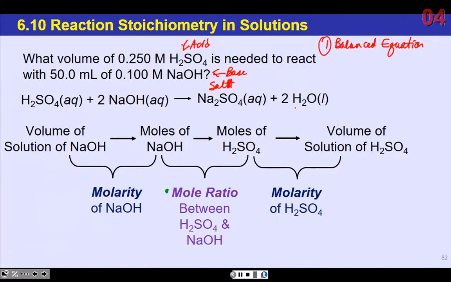And if you miss that step, you'll make an error. And then again, once you know the moles of sulfuric acid, its molarity can be used to come up with a volume. So the steps are kind of the same, but we've got to write them out so that we make sense and understand how the units cancel to give us an answer that's credible.